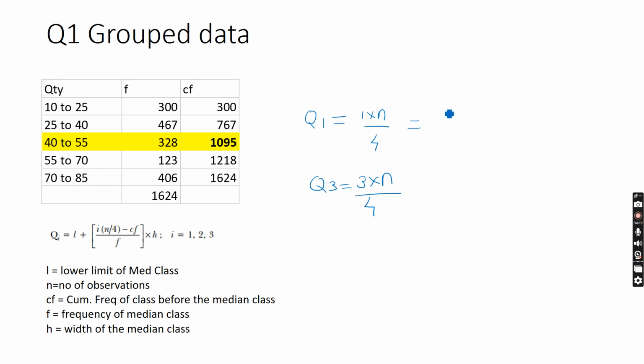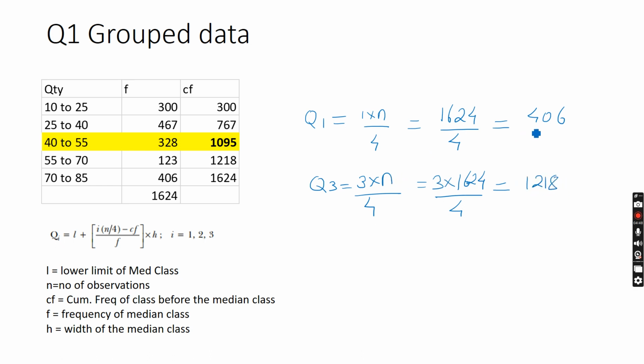So if I do the calculation, 1624 divided by 4, the Q1 position would be 406. You can do the calculation for Q3, which is 3 into 1624 divided by 4, and the division yields the position 1218.